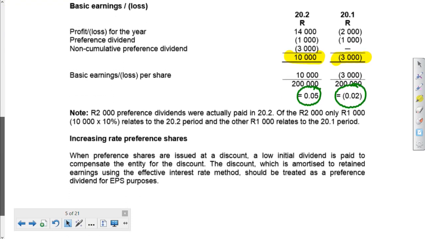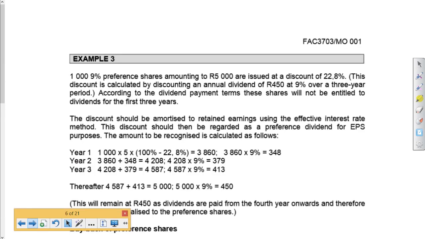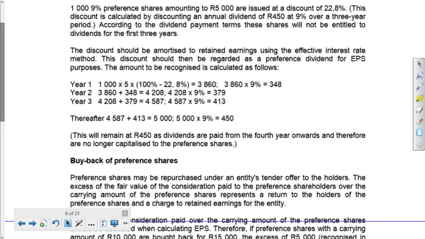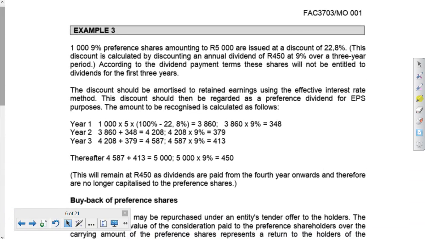If you just continue looking at the next example, example 3 has to do with a discount. It says that 1,000 9% prefs were issued at a discount of 22.8%. So I didn't issue them for 5,000 Rand. I issued them at a discount of 22.8%. So what is that?